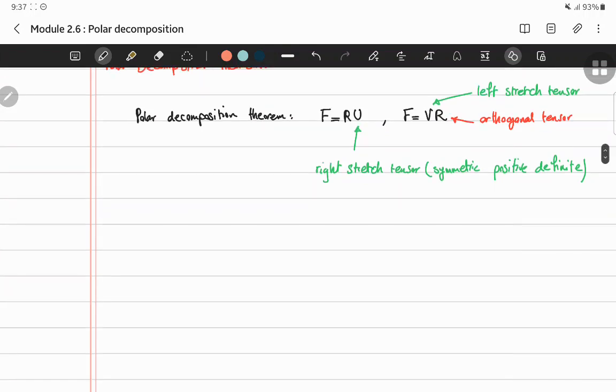So here you can see we have F is equal to RU. And we know that dx is equal to F dX. You already remember this, this is the deformation gradient.